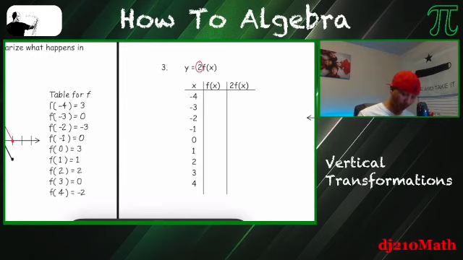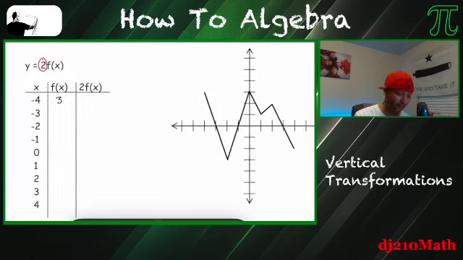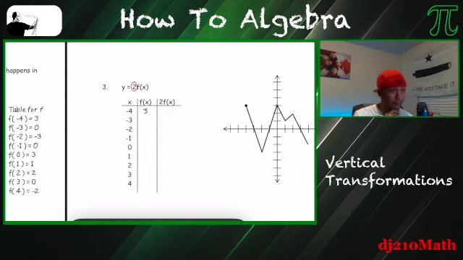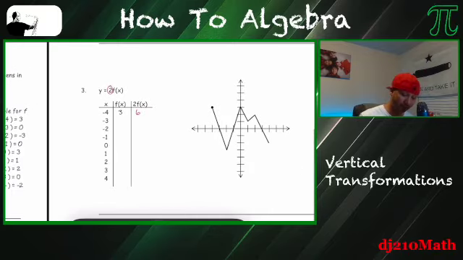When x is negative 4, the input is negative 4, the output is going to be 3. That's how it's defined: at x equals negative 4, y is 3. That's that point right there. Now, the transformation is going to multiply 3 times 2, which is 6. So the new point is going to be negative 4, 6.